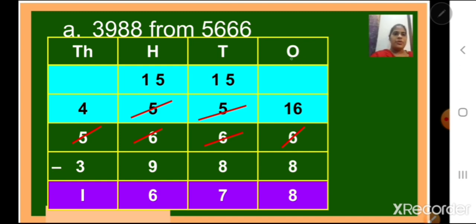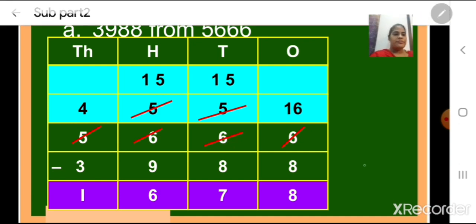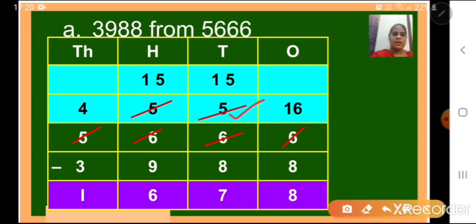So we are going to start from ones place. 6 minus 8 is given here, which is not possible. So 6 will go to tens place and borrow 1. So 6 minus 1 is 5. Okay, note it down. Then 6 will become 16. Now, 16 minus 8 is possible. 16 minus 8 is 8.